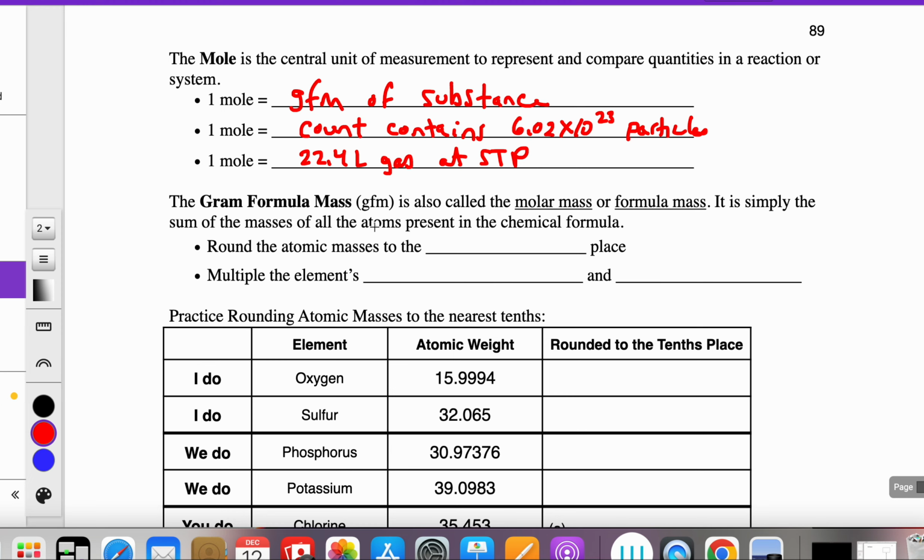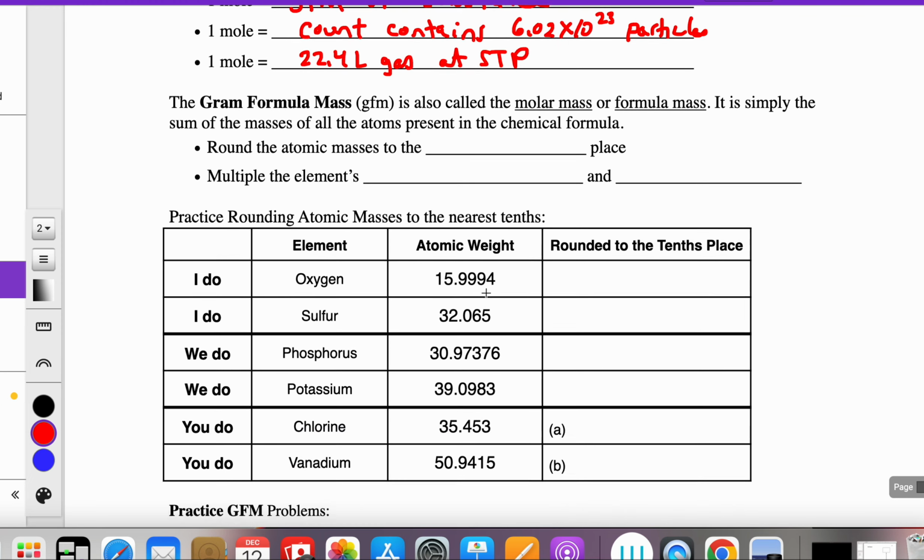I referred to it as the GFM. The gram formula mass is also called the molar mass or formula mass. It is simply the sum of the masses of all the atoms present in the chemical formula. So we need to be consistent in how we calculate the gram formula mass.